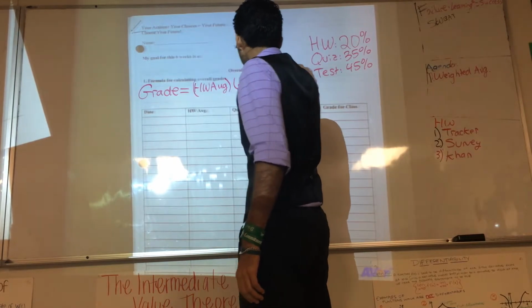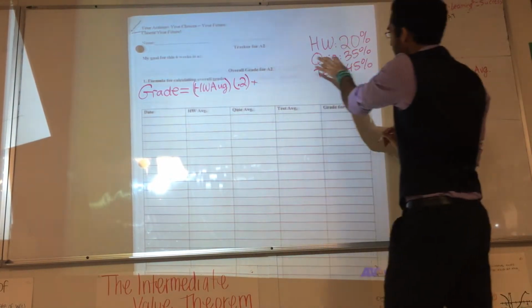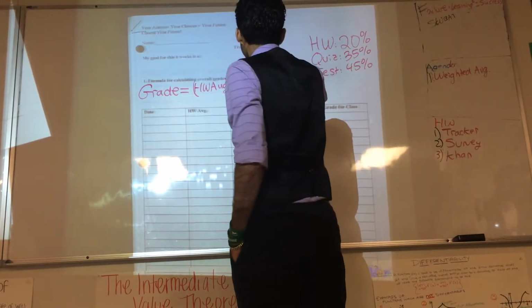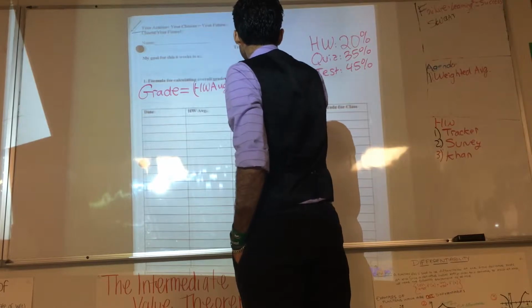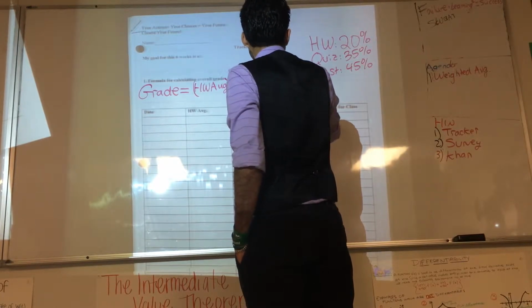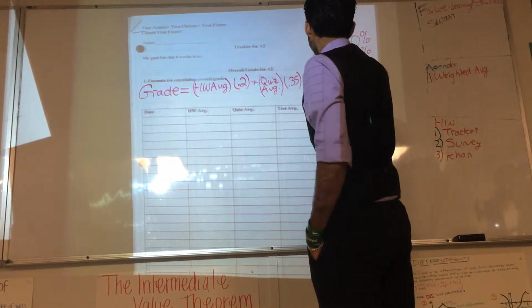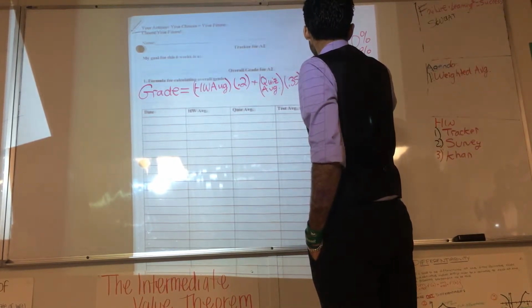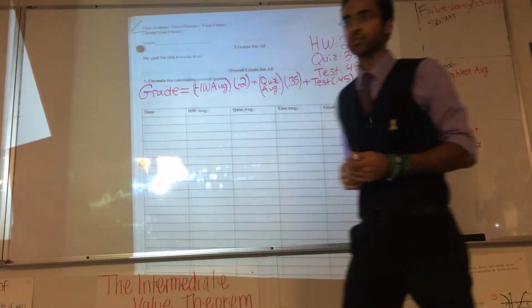So that gets a weight of 0.2, plus the quiz average times 0.35, plus the test average times 0.45. That will give you some number that will be your grade in this class.